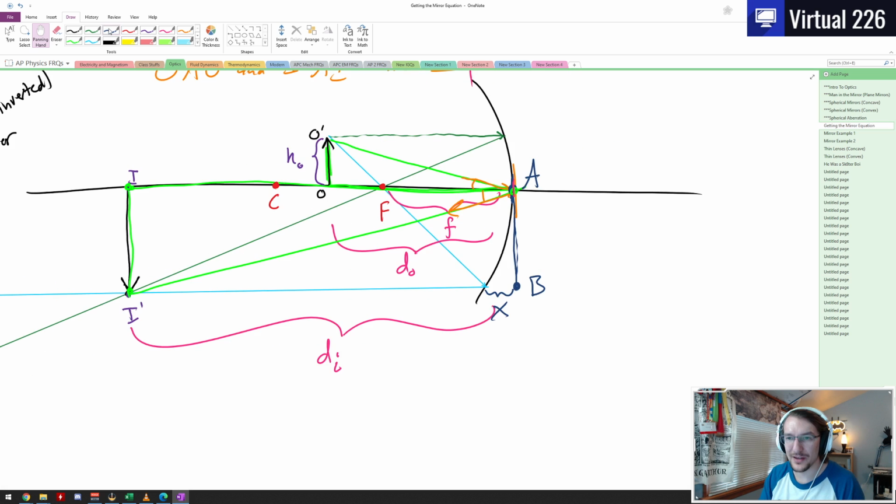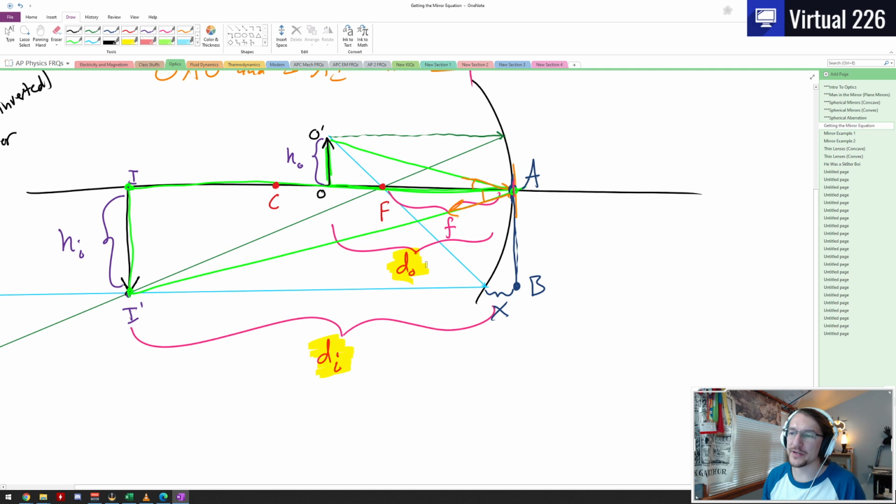Because of this, we can state the following. If this object has some height h, then the image is going to have some height I. And since these are similar triangles, that means that this is just a ratio here. And the ratio of these heights is actually equivalent to the ratios of the distances.